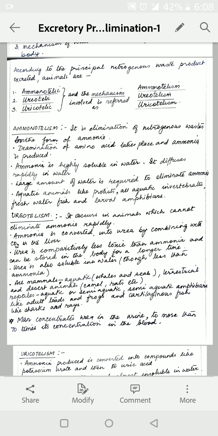Now another thing, humans concentrate urea in the urine to more than 70 times its concentration in the blood. So we have talked about ureotelism and the animals that excrete urea as their nitrogenous waste.